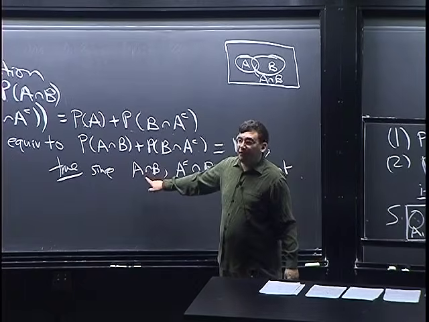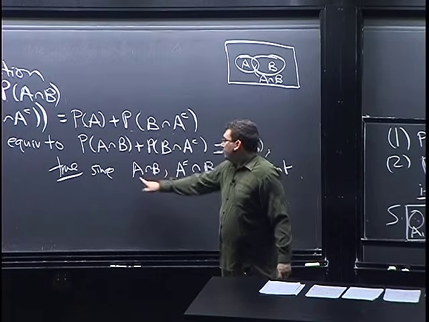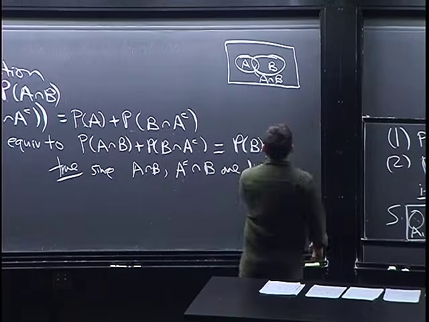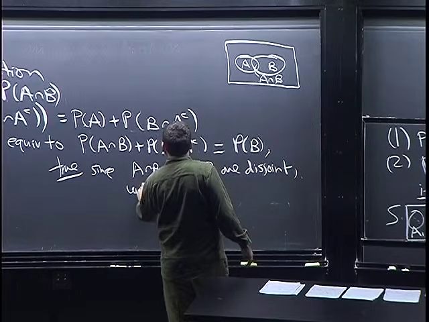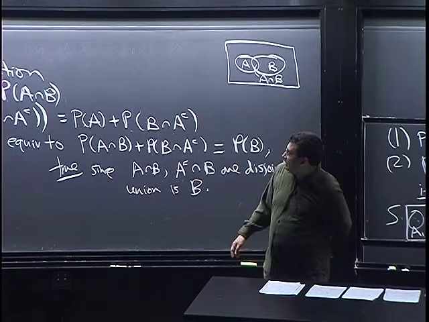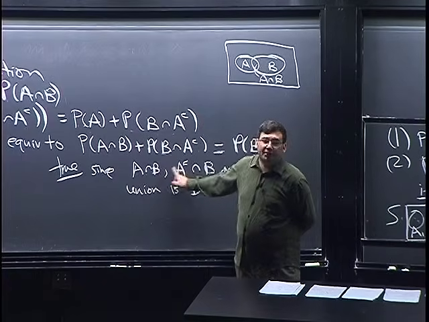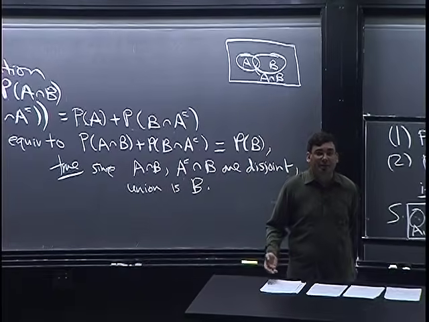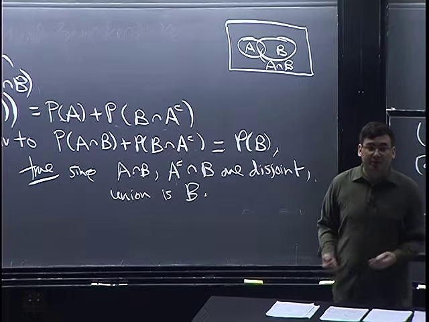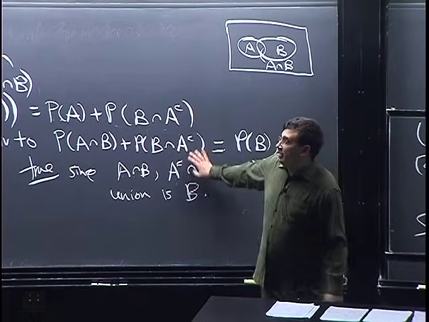Because if you had an element in both of these sets, it would be in both A and A complement. That's impossible. So they're disjoint, and their union is B. Because what we did was chop B up into two parts. We split B into two cases. We have the part of B that's in A, and we have the part of B that's not in A. So there's two disjoint cases. Okay, so that's the end of the proof.